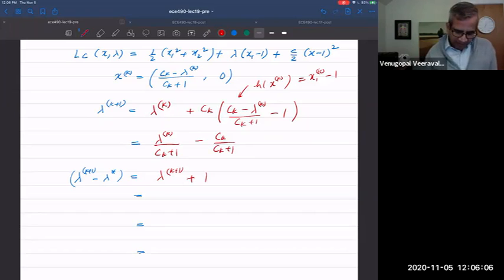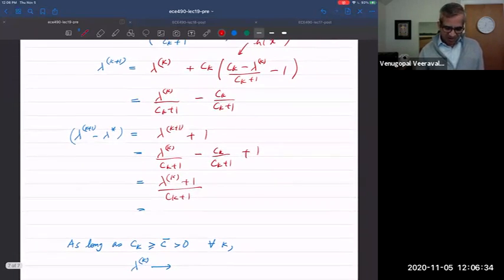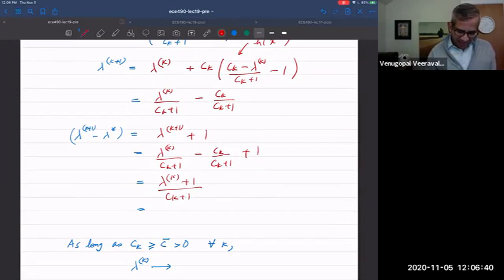If you simplify this, you get lambda_k plus 1 divided by (c_k plus 1), which is lambda_k minus lambda star, divided by (c_k plus 1).